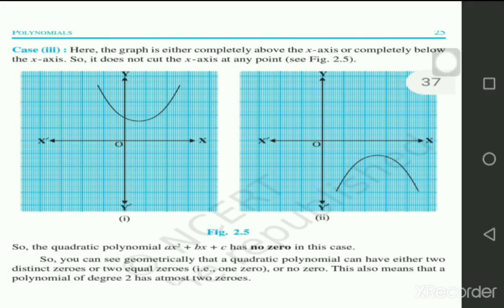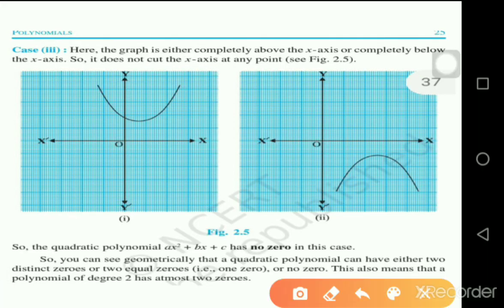Now, for a polynomial in x, two graphs are this one and this one. Both of the graphs do not intersect the x-axis. What does it mean?